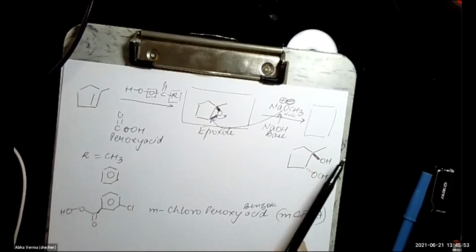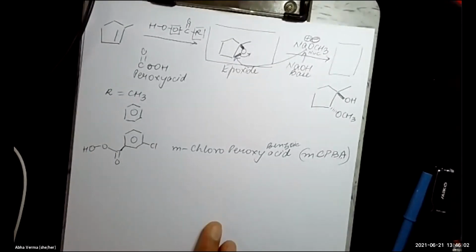Anti additions, anti and adjacent to each other. Yeah. So knowing all your reagents with your alkenes is very important.